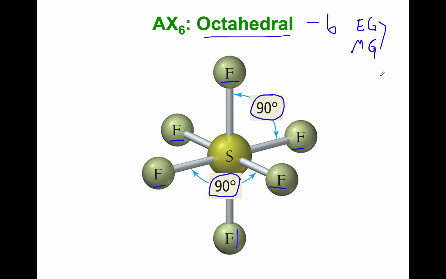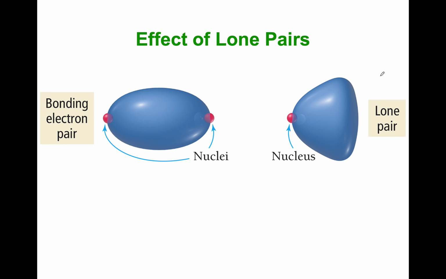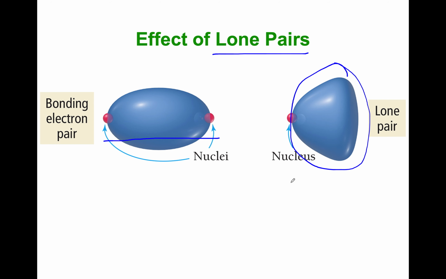Now we're going to add in lone pairs to this to see some other shapes that can be added. First I want to point out lone pairs. Okay, so I mentioned earlier a single bond and double bond aren't the same in terms of taking up space. That's the same with a bonding pair and a lone pair. Look how this lone pair really spreads out. The bond keeps the electron region in between these two, so that takes up a different amount of space.